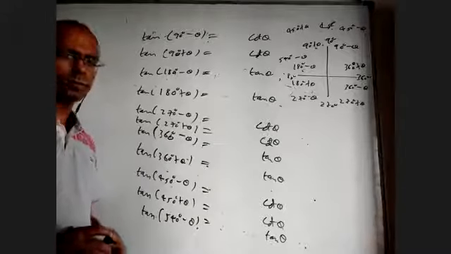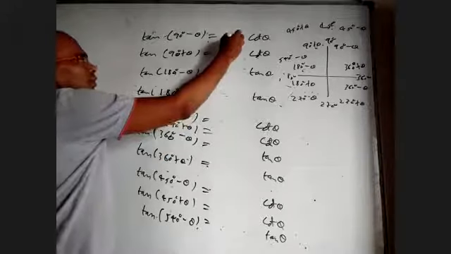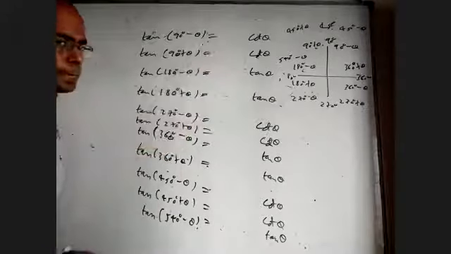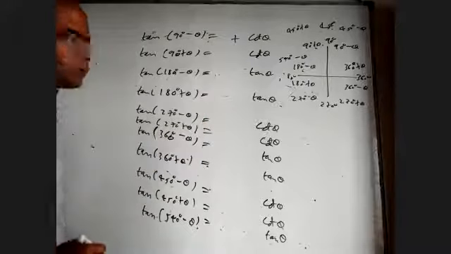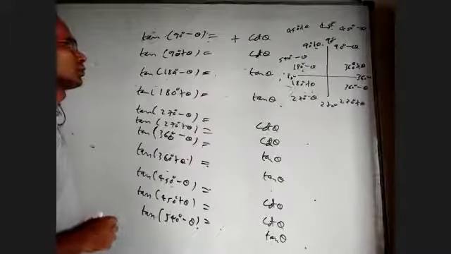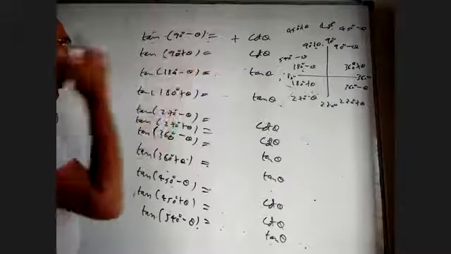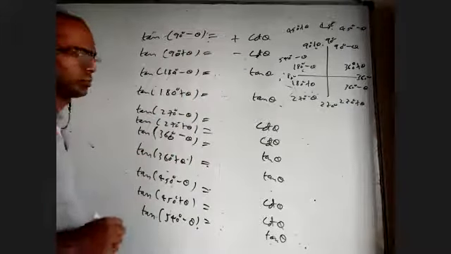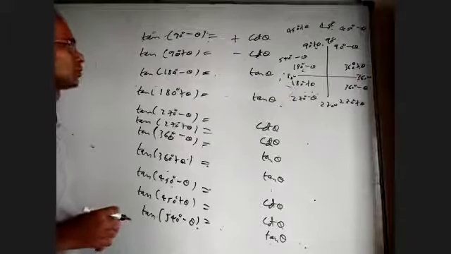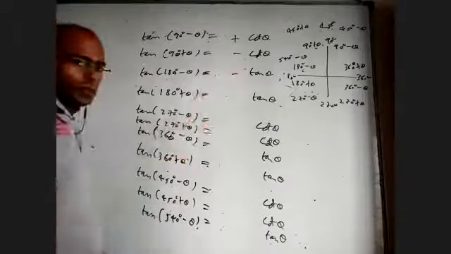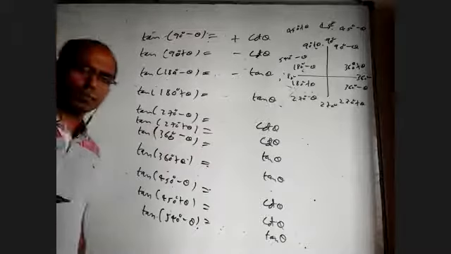Tan 90 minus theta, first quadrant. So plus or minus? Plus, sir. The second one, 90 plus theta, minus, sir. Which quadrant? Second quadrant. Minus. And after that is second quadrant only, sir. Minus.